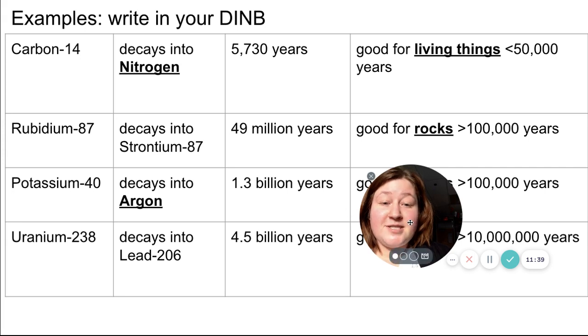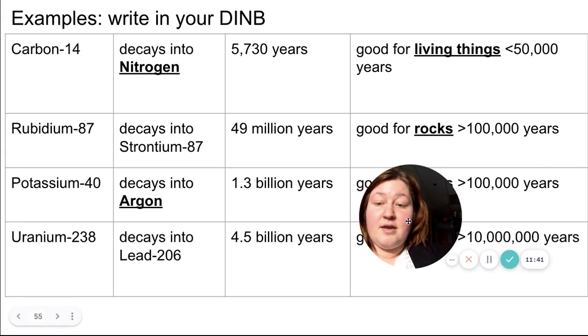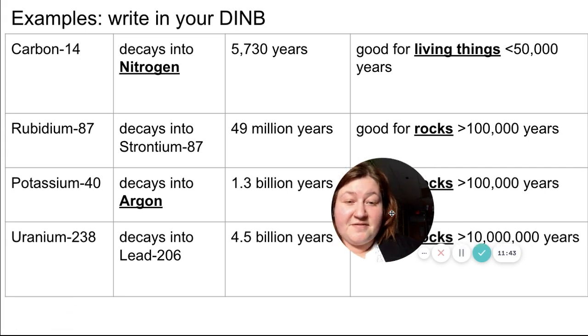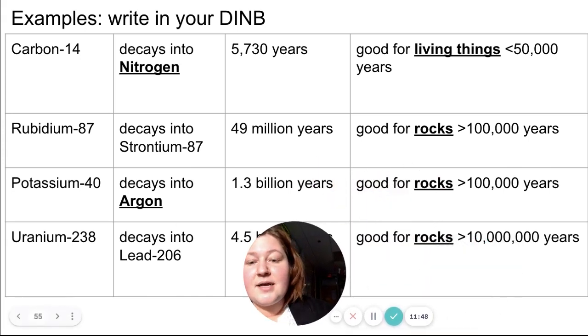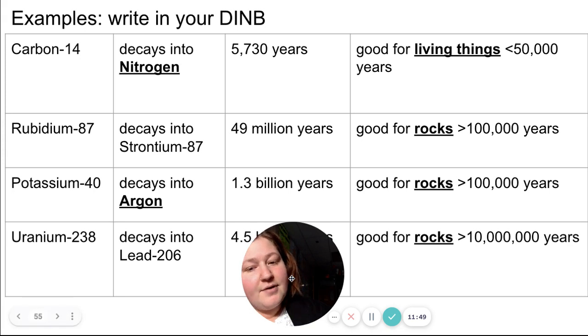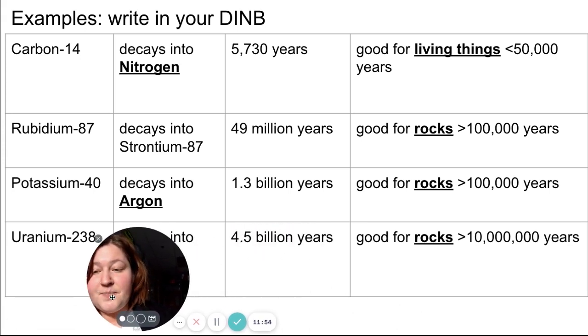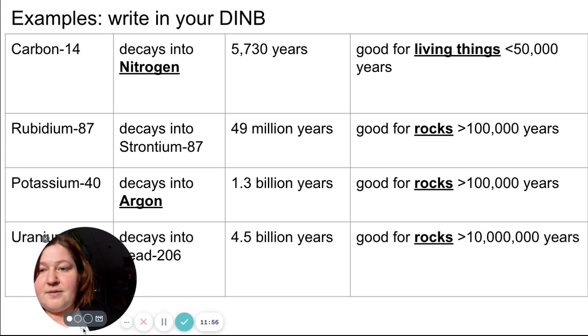Okay, so carbon-14 is just one example of this though, and carbon-14 is really good for fossils and really good for living things, but as you probably guessed, rocks are not alive, so we don't have carbon in rocks as much as we do with other living things. So I'm going to go through a few examples and you should type this in your notebook, but as we talked about, carbon-14 decays into nitrogen, and it takes 5,730 years, like we said.